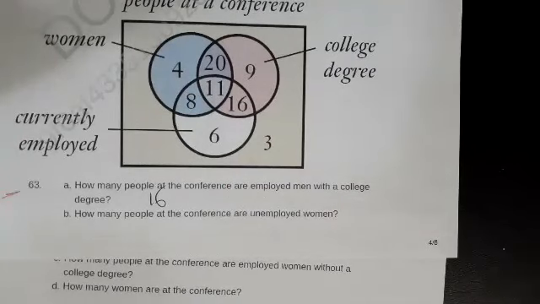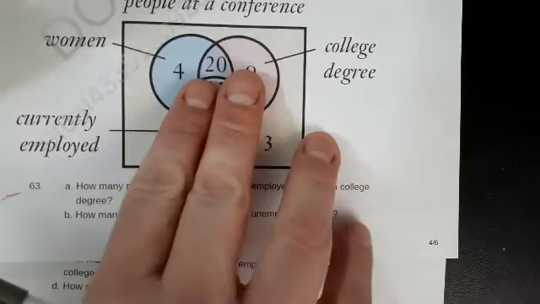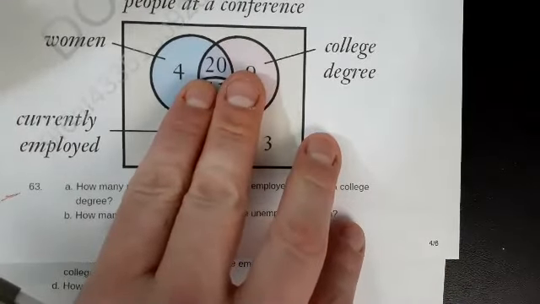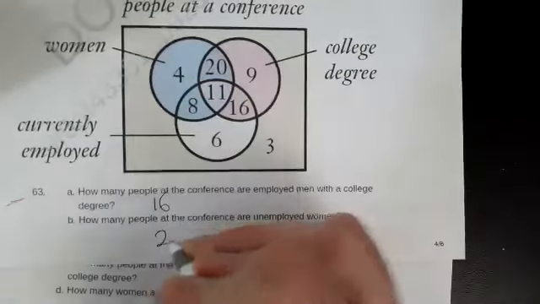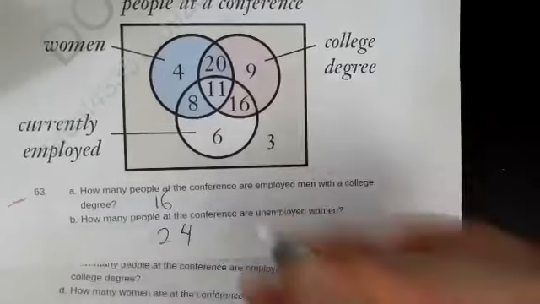Would it be 24? It would be 24. So they're not employed, but they are women, so they have to be in that blue circle. So that is the 20 and the 4. We're going to add them together and get 24.